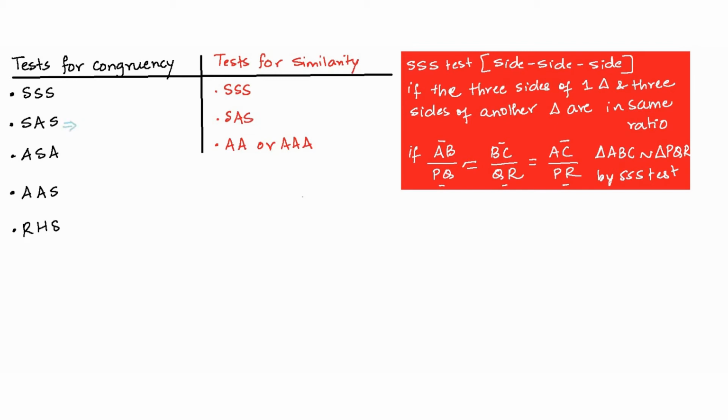The congruency SAS test meant that two sides should be equal, and the included angle should also be equal. Then the triangles were congruent by the SAS test, and that's why the angle is included between the two S letters.